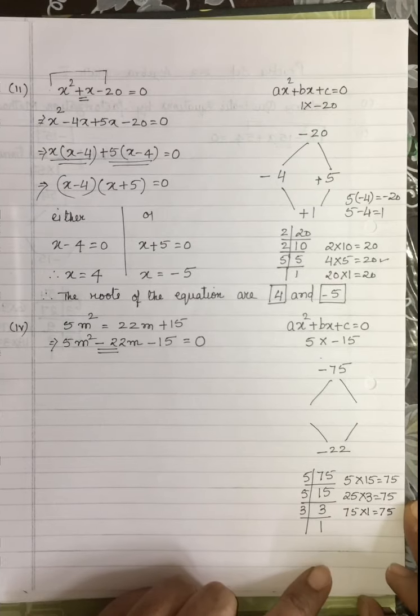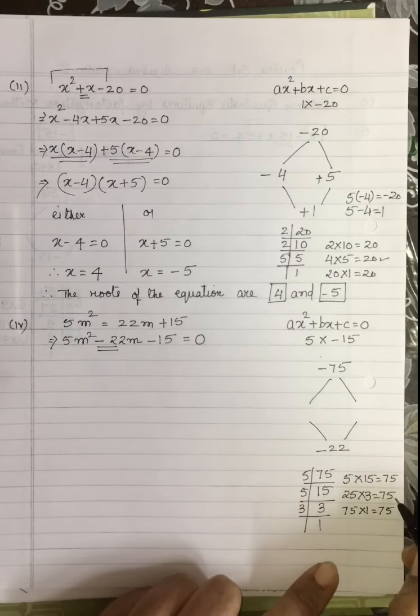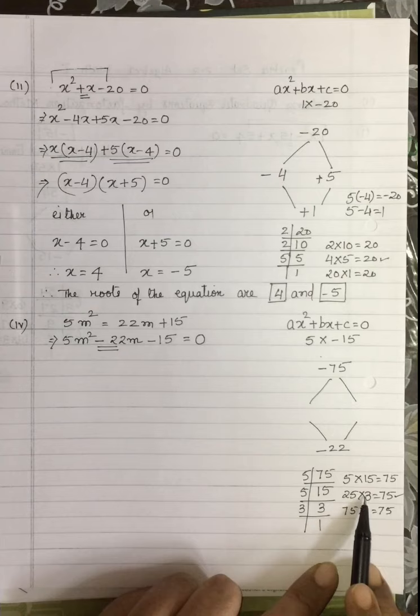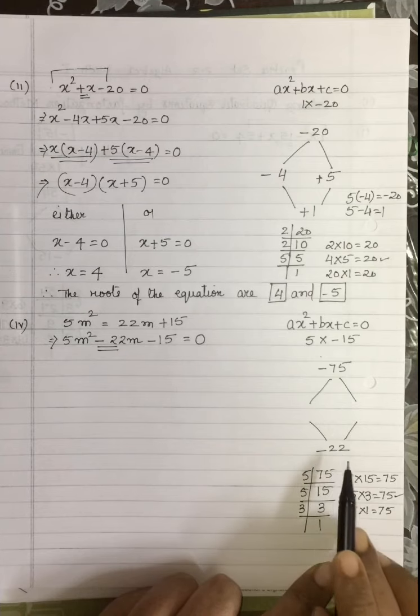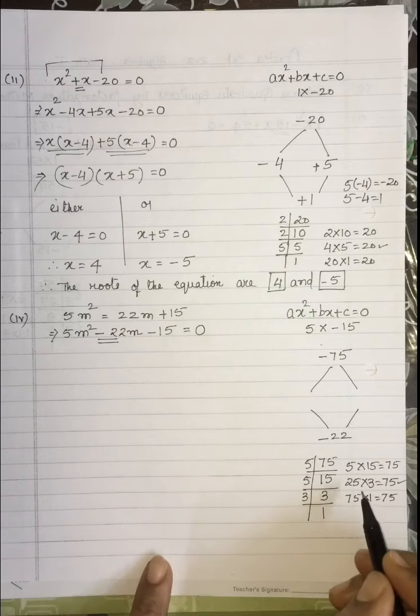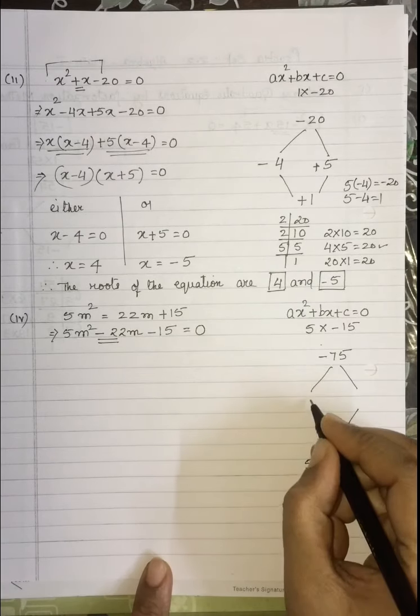So which pair is useful for us? See, if you see the middle one, children, 25 and 3 when multiplied give 75, 25 and 3 when subtracted give 22, but 22 is having a negative sign. So the pair is 25 and 3.